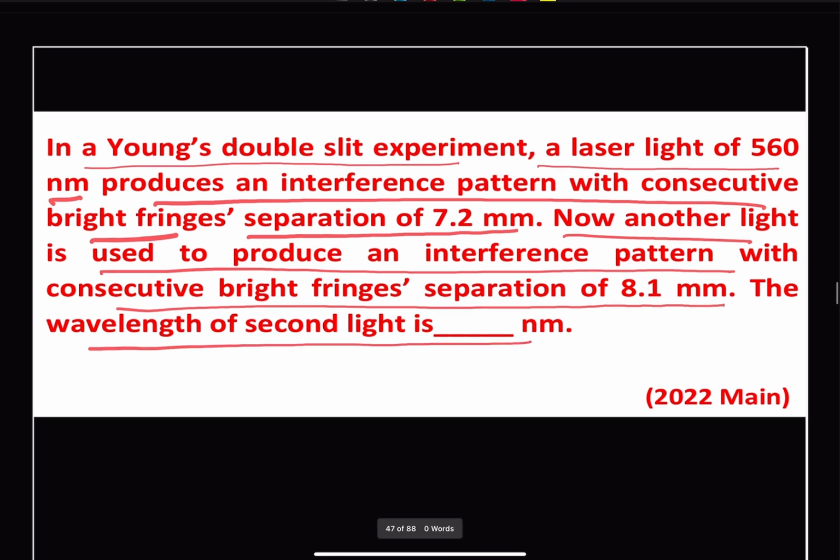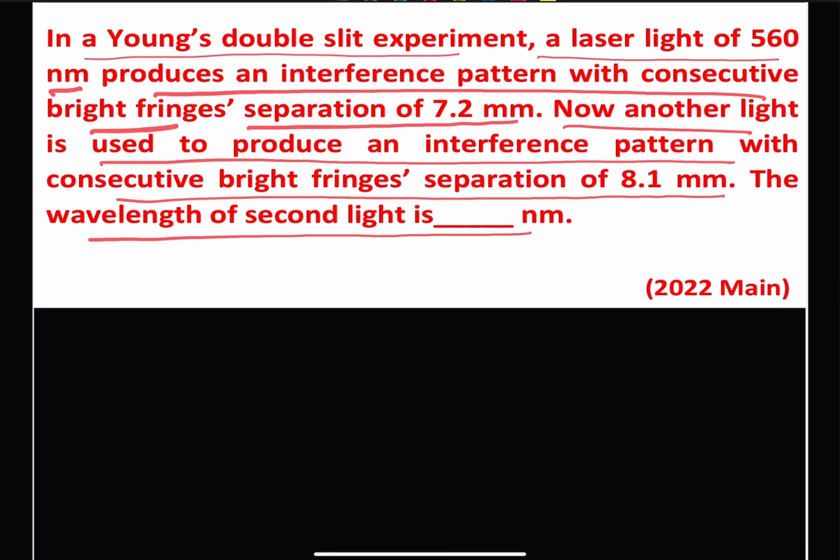So here we have wavelength lambda 1, that is 560 nanometer, and the first fringe width is, let us suppose, beta 1. So beta 1 is given as 7.2 millimeter, and we have beta 2 for the second wavelength, that is 8.1 millimeter.